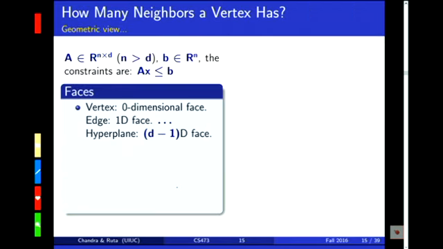How many neighbors are there of this vertex where I am standing? 1, 2, 3. Right? But if you are in 2 dimensions and you are looking at a polygon, then how many neighbors can there be of any vertex? 2. So it depends on dimension. It's not a simple answer, right?